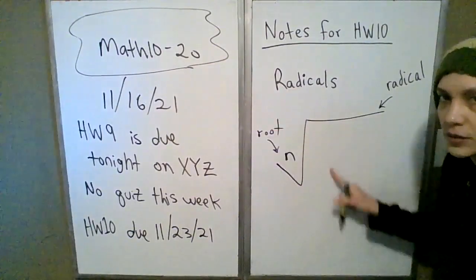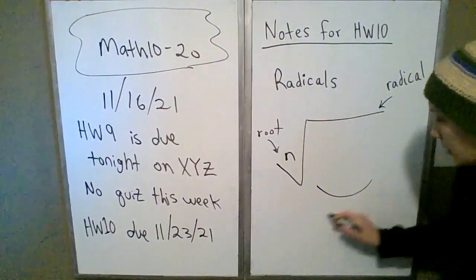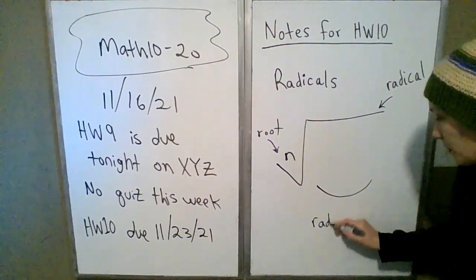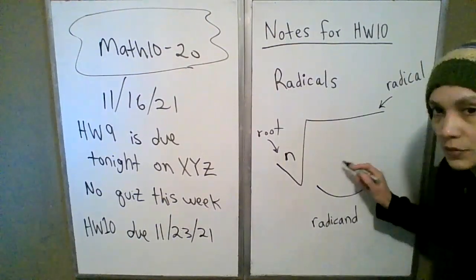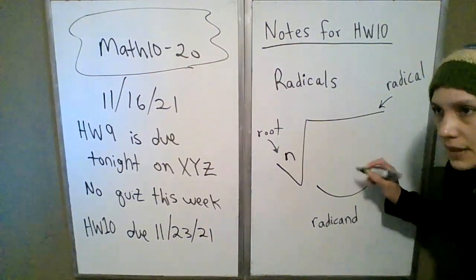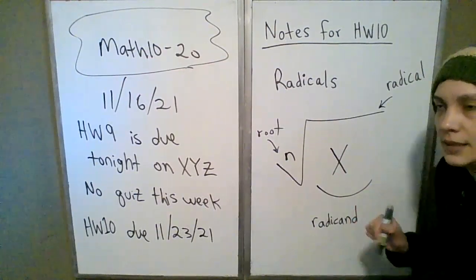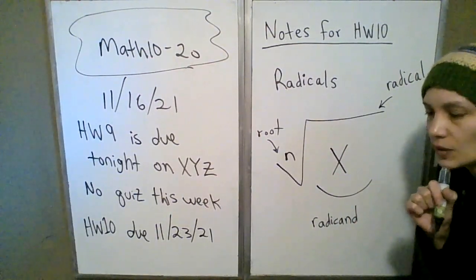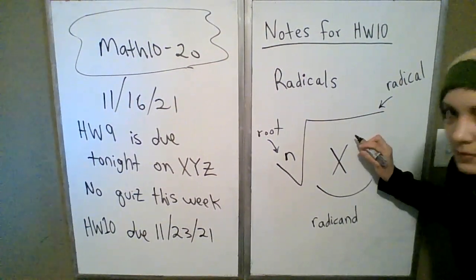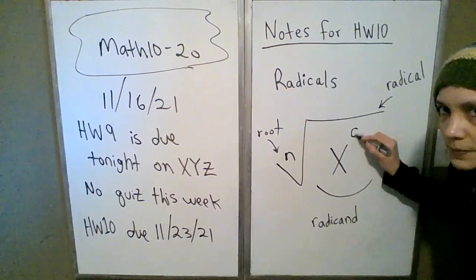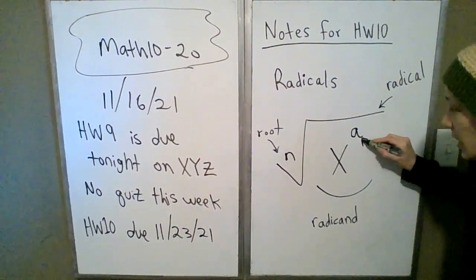What's under the radical is called the radicand. For this number, we'll call it x. And then we're going to have an exponent. We'll call the exponent a. So x has power a, or exponent a.